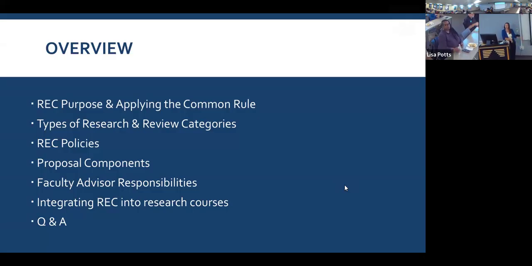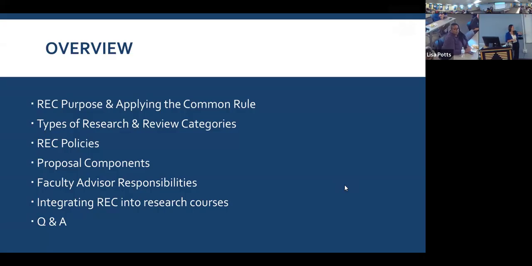There's a few REC policies that we adopted over the past year, so I want to make sure everyone's aware of those. And then just touch on the proposal components and what your role as a faculty advisor is. That'll be integrated as we go through the presentation.